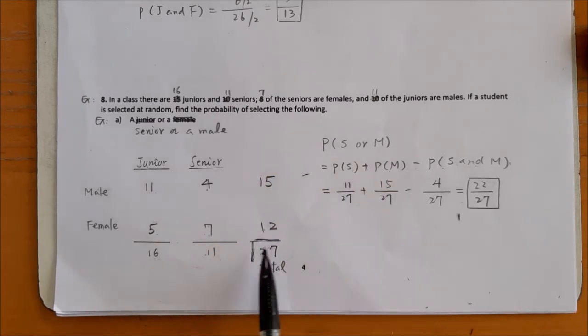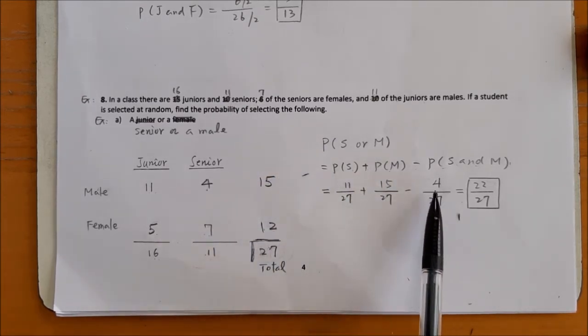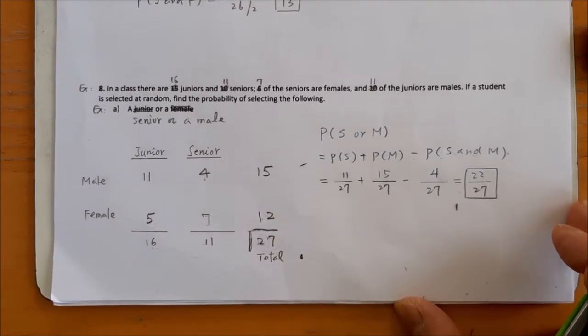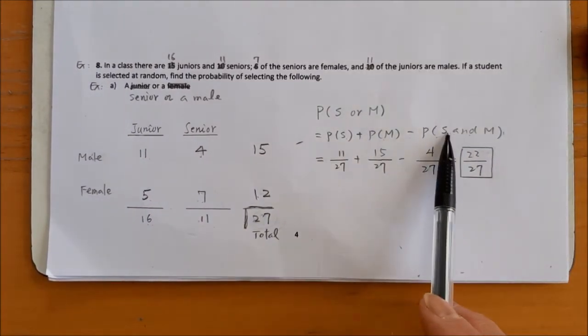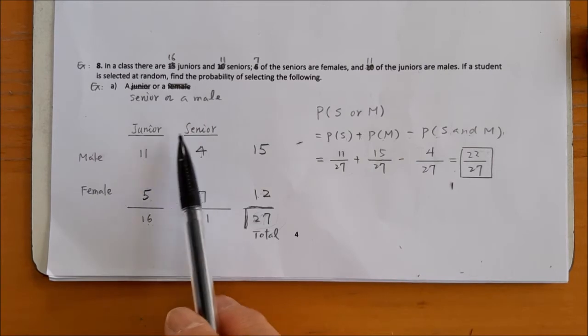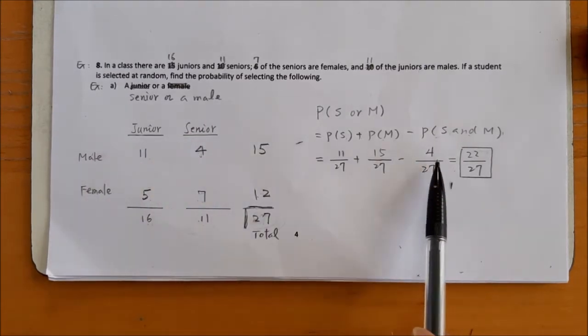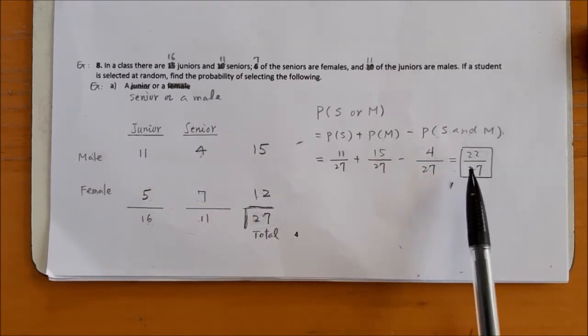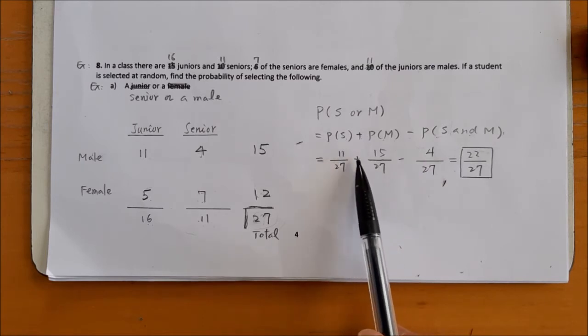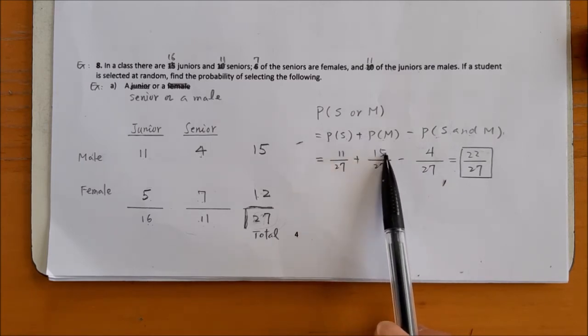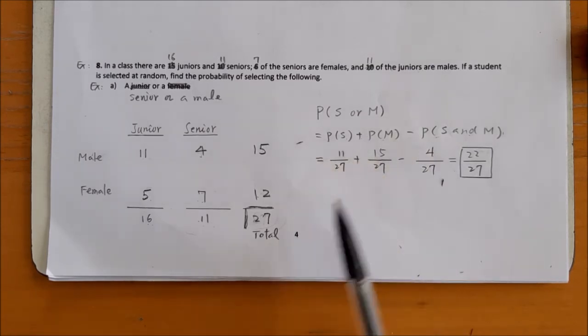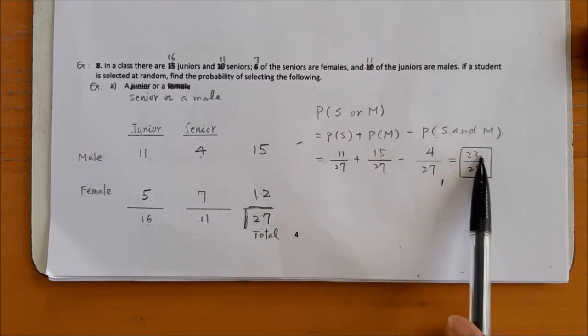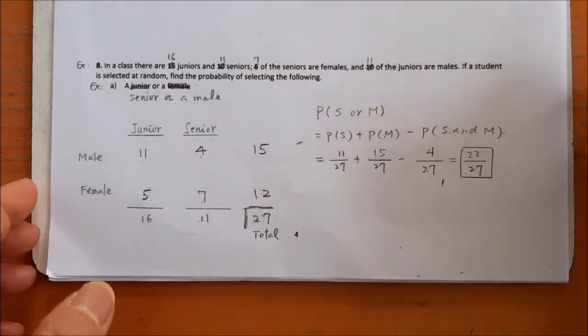So 15 out of total 27, and minus how many are senior and male? 4. 4 out of 27. 11 add 15 minus 4 equals 22 out of 27.